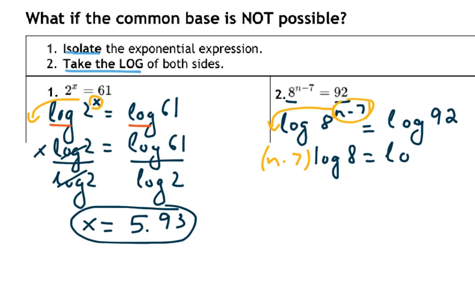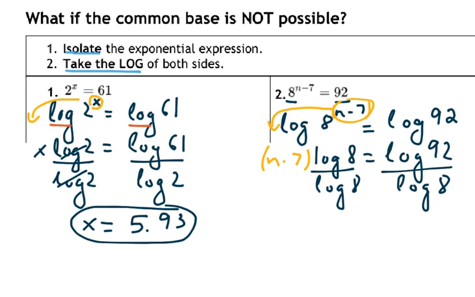equals log 92. So in this case, let's get rid of log 8 here by dividing each side by log 8, and we have n minus 7 equals log 92 over log 8, because here we cancelled.